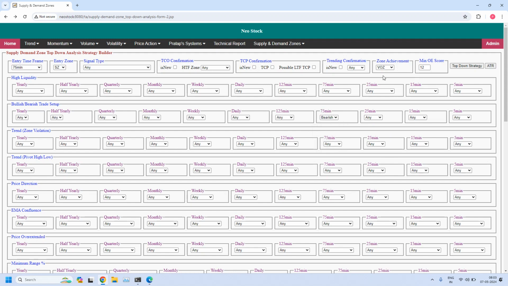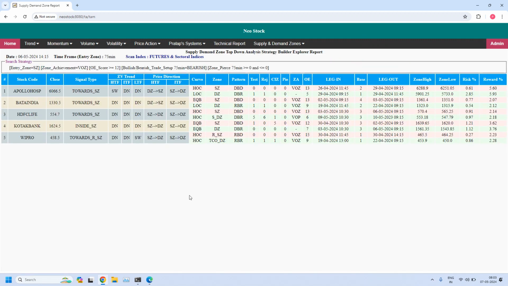And all the 3 filters we set still remain the same, but this time these filters are applied to supply zone. Now let me generate the report. So 5 stocks are filtered. These 5 stocks are supporting bearish trade setup for weekly income trade. So these are the bullish and bearish trade setup stocks.